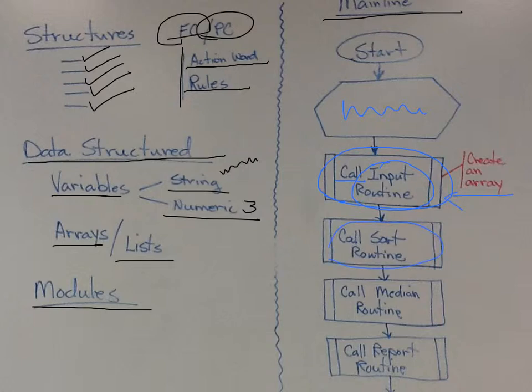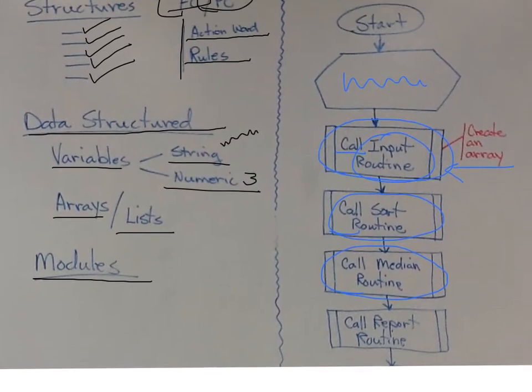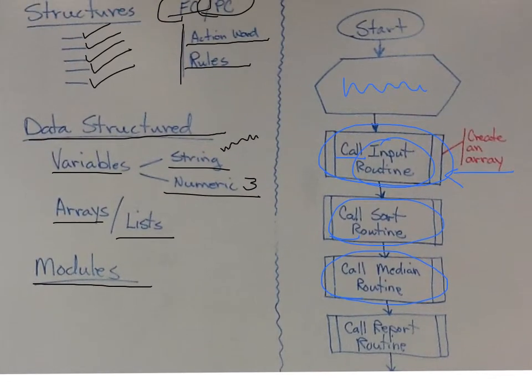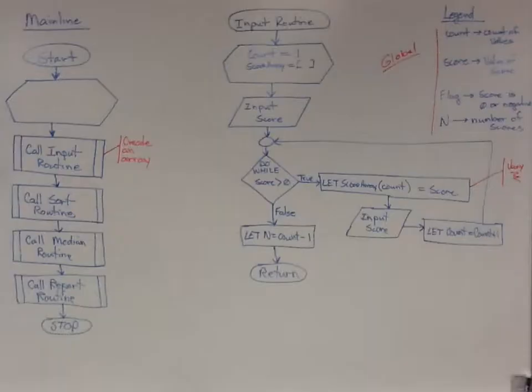Then we sort the array, we figure the median. This was similar to the scores example that we did together last Wednesday. And then we called the print routine, and then we stopped. We got a little better view of that on the next.